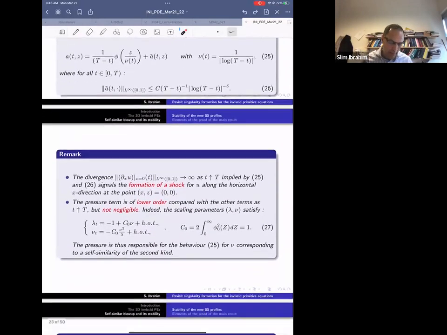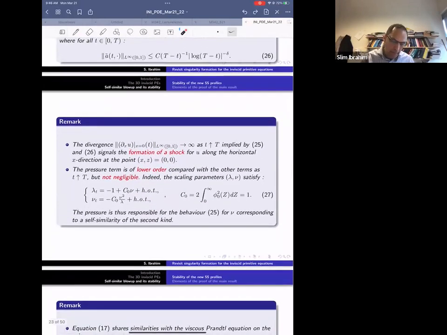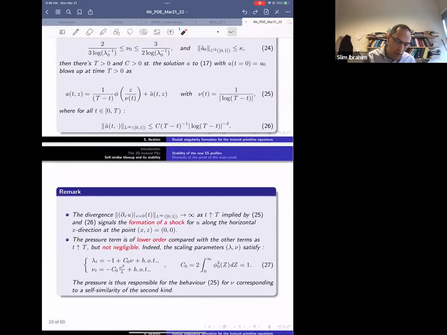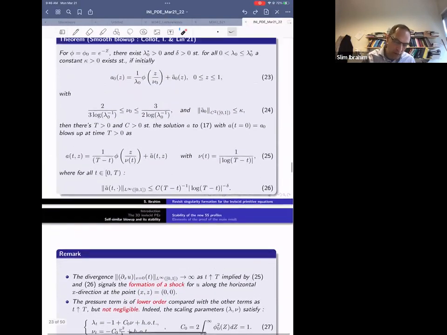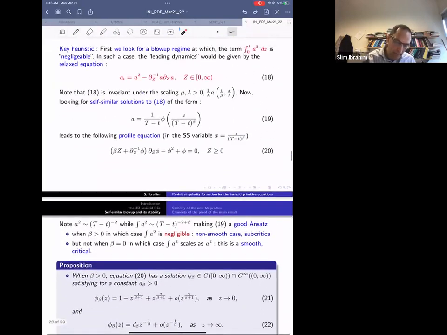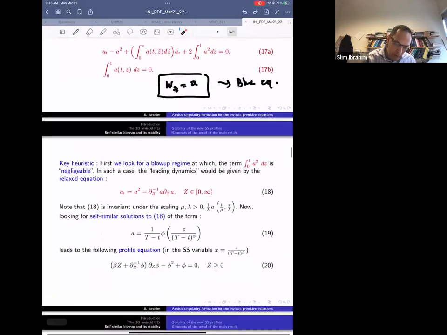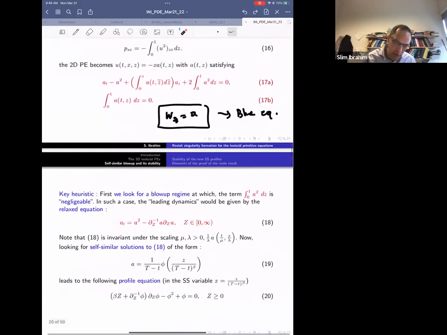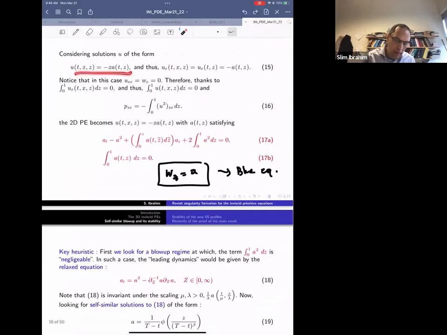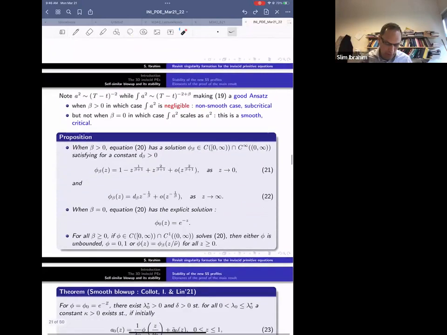A few remarks here. If you remember this equation, the blue equation or the red equation, not this one, this is an intermediate equation. The blue or the red are the same, and they have been derived from the primitive equation, either by working in this class of solutions or by using the symmetries that I mentioned earlier.